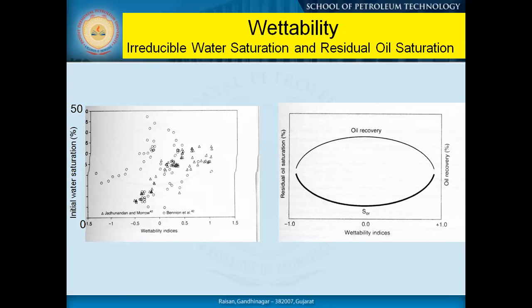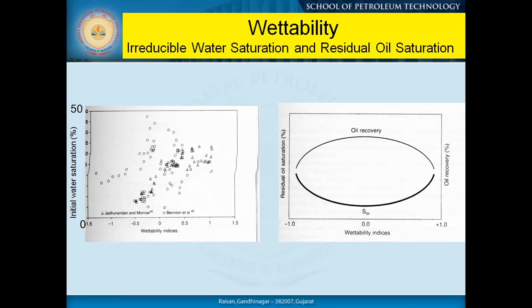So the volume of oil staying in the reservoir, even with strong water wet, will be more. And the reverse is very simple. If it is an oil wet rock, then superficial oil would always be there, so we could not recover more. So in both cases, oil wet or water wet, the recovery is less.